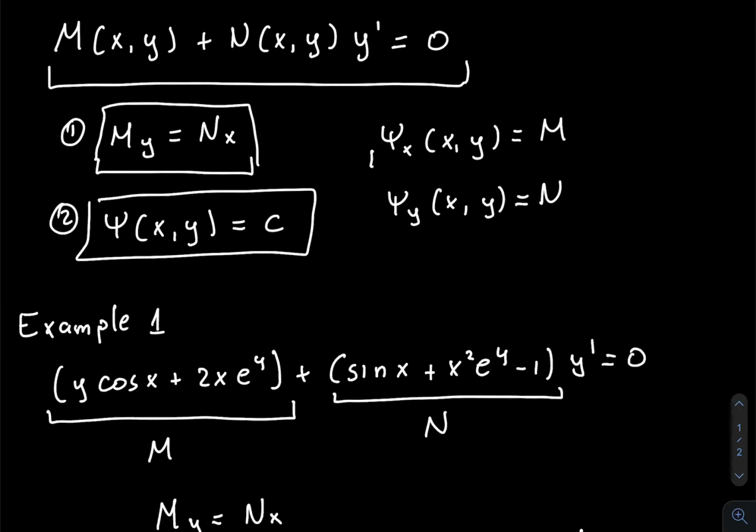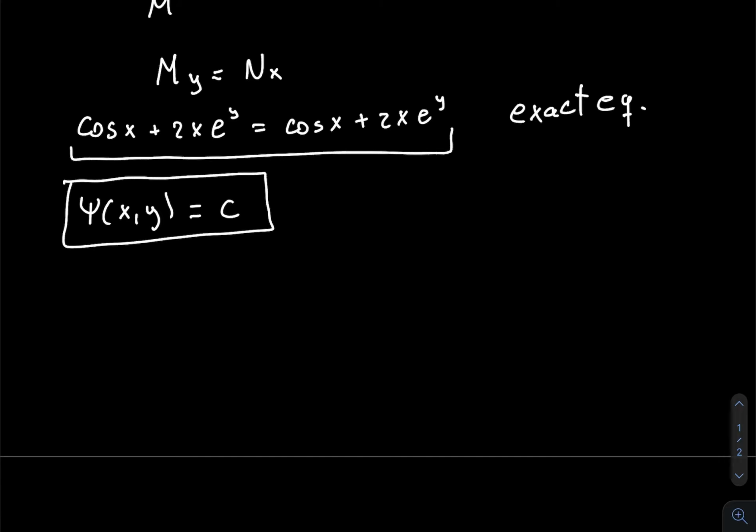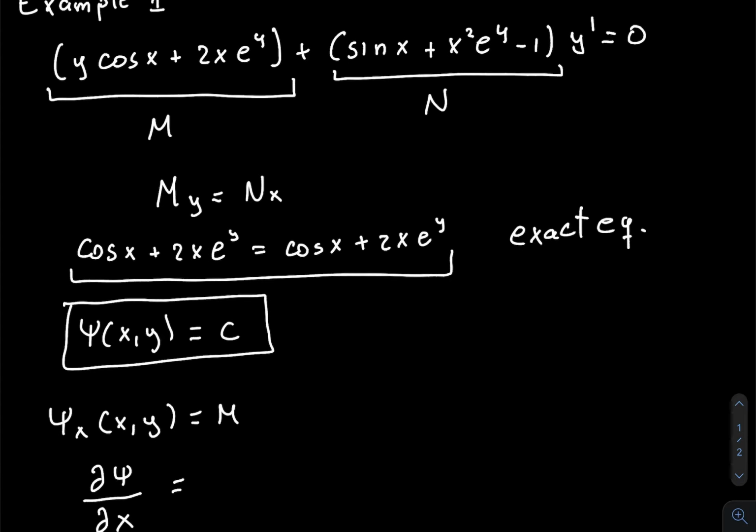Psi is given by these two equations here. The partial derivative of psi with respect to x must be equal to M. So in other words, the partial derivative of psi with respect to x must be equal to, what is M?